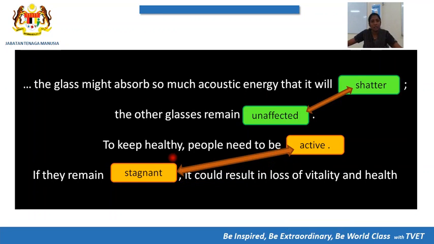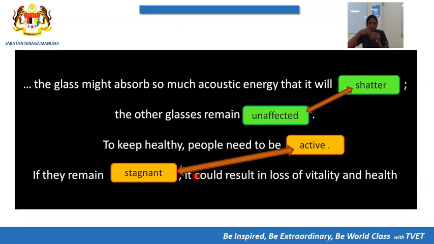Okay, the glass might absorb so much acoustic energy that it will shatter. The other glasses remain unaffected. To keep healthy, people need to be active, right? So the opposite of active: if they remain stagnant, not being active, it could result in loss of vitality and health.